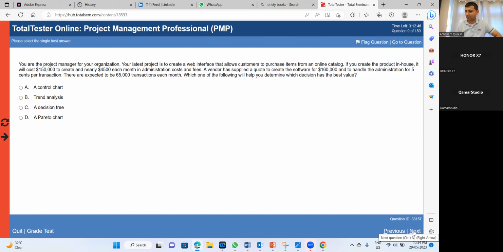You are expecting 65,000 transactions each month. Which one of the following helps you determine the best value decision? Control chart, trend, decision tree, Pareto. I think you have to draw the decision tree. Yeah, between these two decisions, yes.